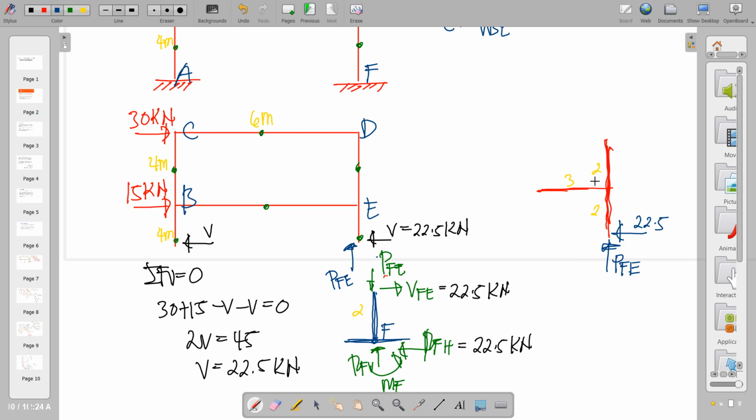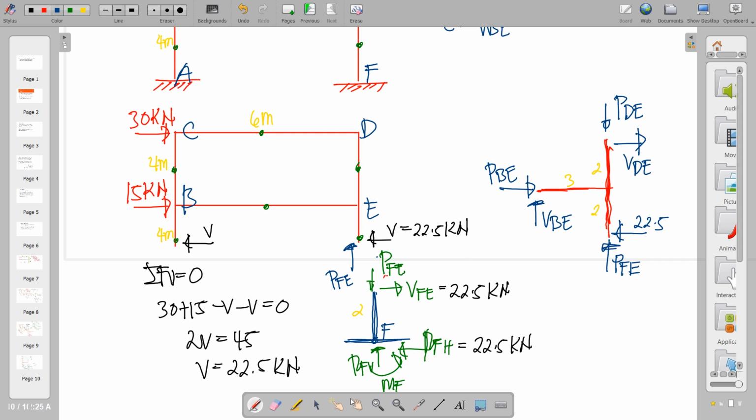And then can have this as shear along DE, and this is shear along BE with, of course, sorry, this is PBE, and there will be VBE, and also this is PDE.